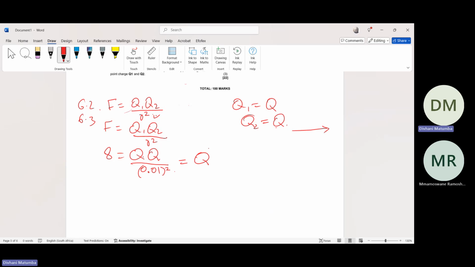Can we multiply the two, Q and Q? Yes. How much do you get? You're going to get Q squared. Okay, all over. What do we get here?